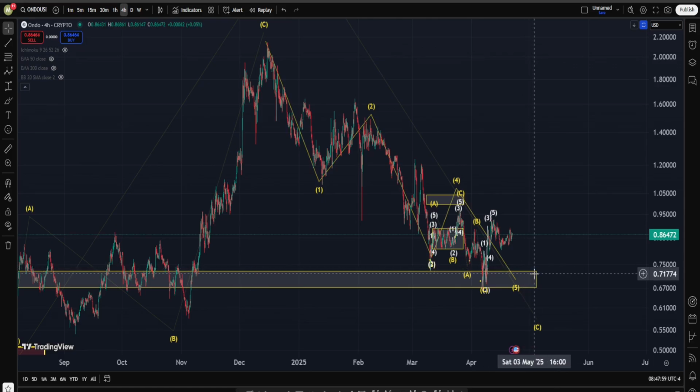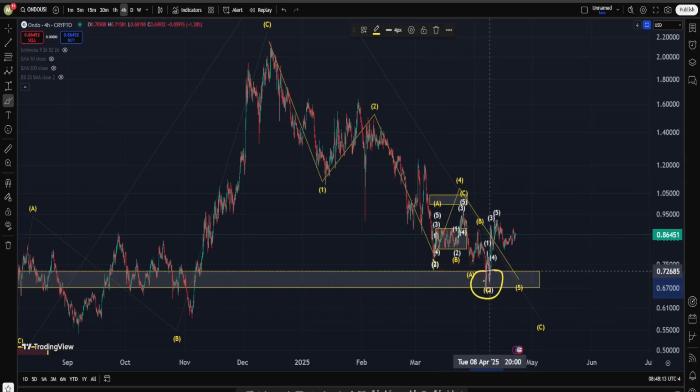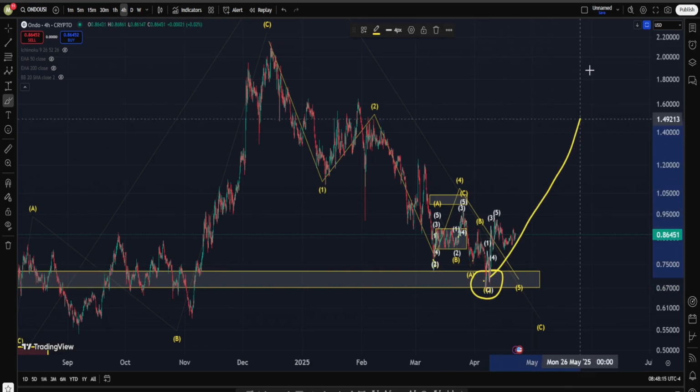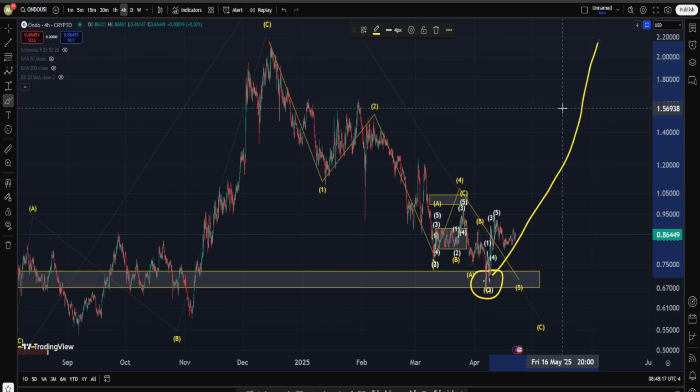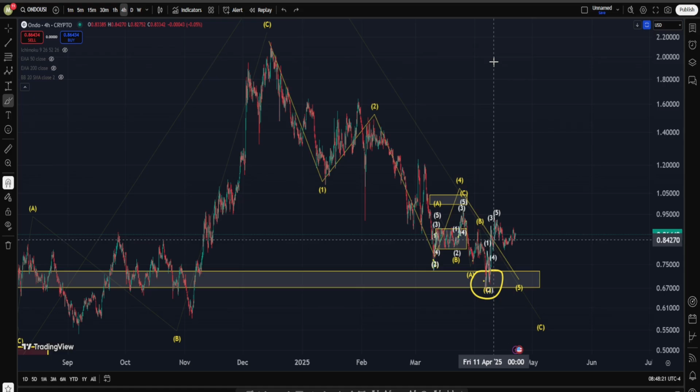And the story from here moving forward gets a bit interesting. Why is that? Because at the moment in the short term in Ondo, we can consider two scenarios. One possibility suggests the final low in Ondo is actually already in right in here, and from here we're just going to continue setting higher highs and higher lows, meaning we're just going to go up and downsides are extremely limited.